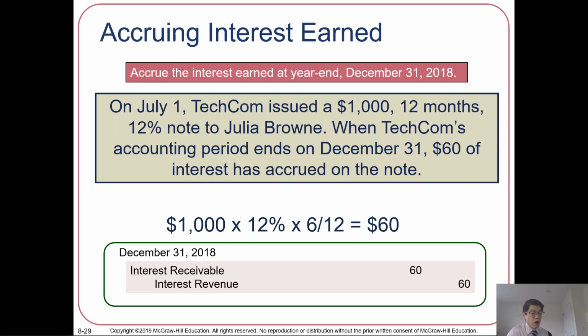It comes from financing activities or investing activities, depending on the type of the notes, all right? So that will be interest revenue. We lend money for use, and based on that $1,000 principal that we lent out, that $60 is what we earned as interest from Julia, all right?